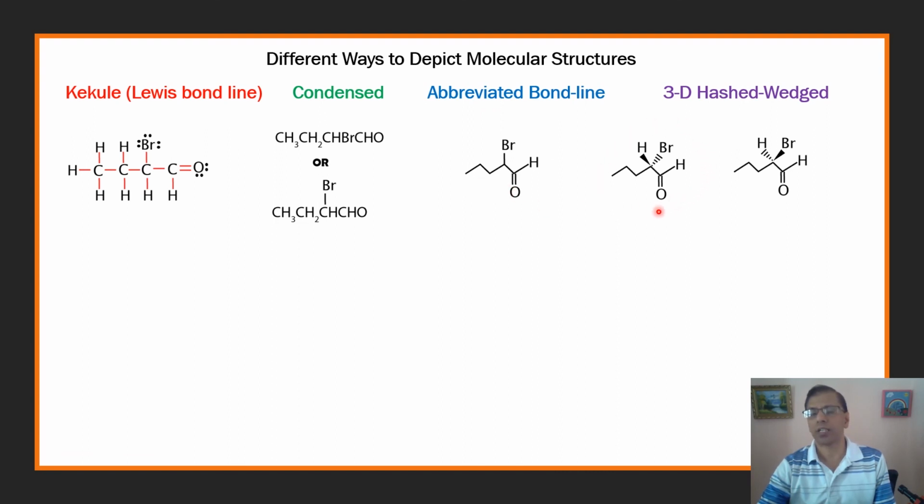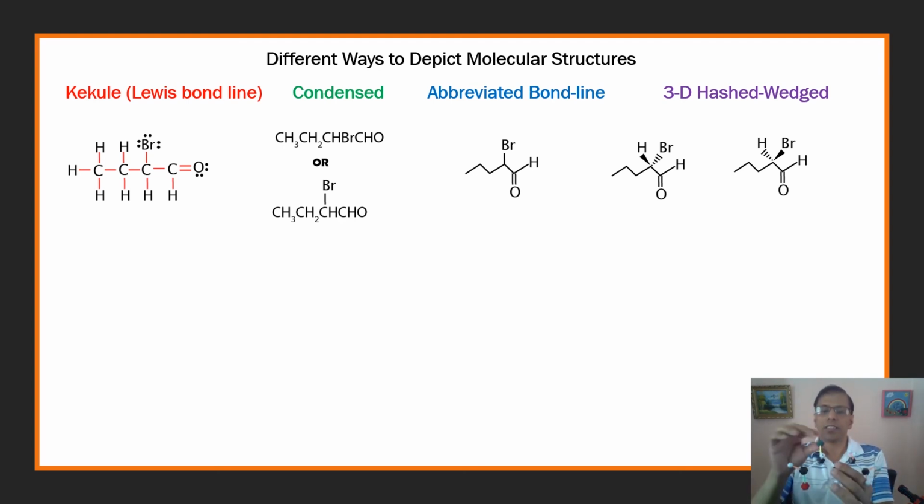Another way to draw the molecule is in 3D form, to show whether the bromine atom is behind. In this case, the hashed line means it's behind, and the solid line means it's towards you. So let's look at the same example which we have.